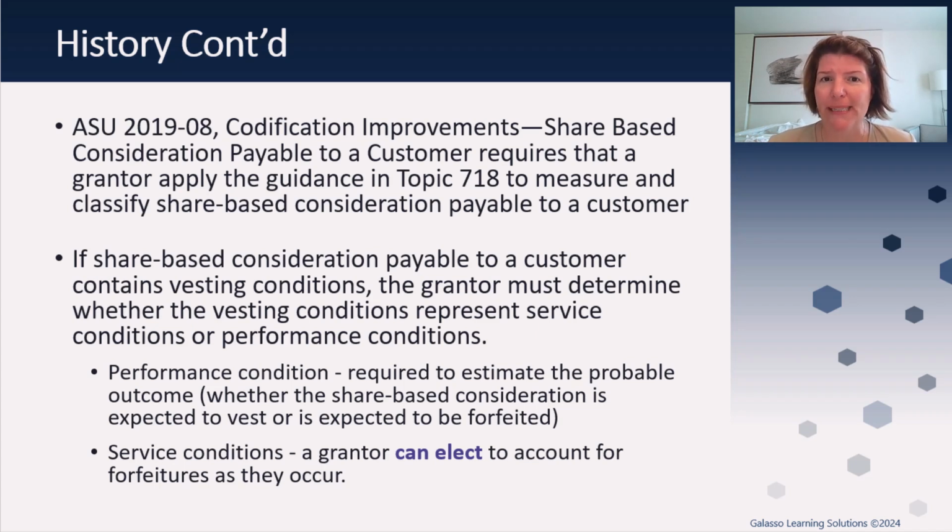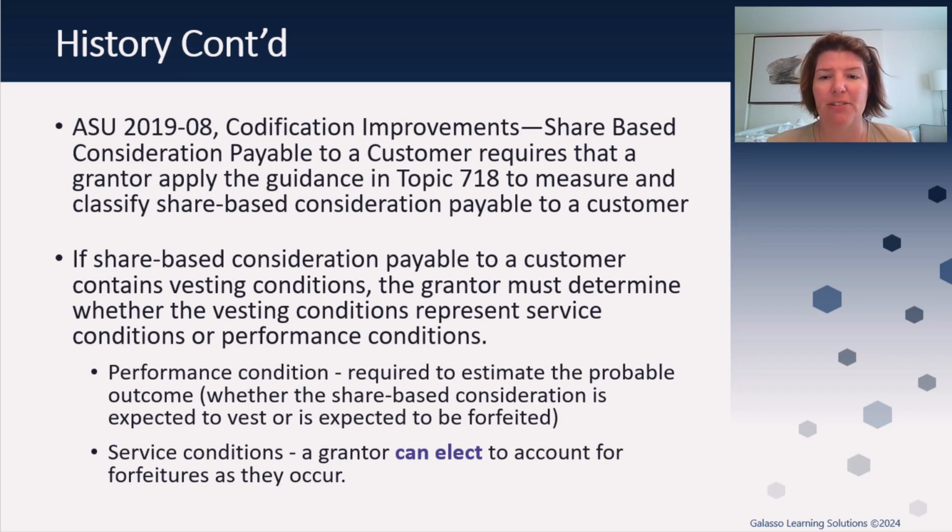So in a performance condition, you are required to estimate the probable outcome, whether the share-based consideration is expected to vest or expected to forfeit. Versus in a service condition, there is an accounting policy election to account for forfeitures as they occur. When they elect to account for forfeitures as they occur, revenue recognition can be delayed for awards that are not probable of vesting, because they haven't done the probability assessment.